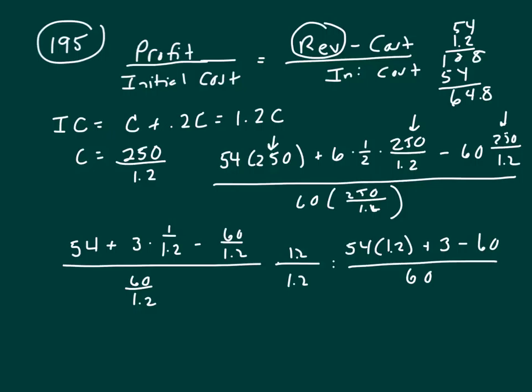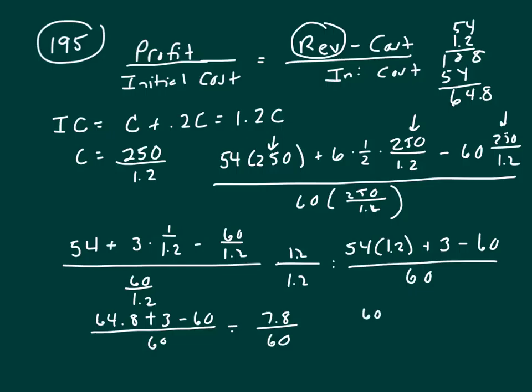So 54 times 1.2 is 64.8 plus a 3 minus a 60 over a 60. And 64.8 plus 3 would be 67.8, minus a 60 would leave me a 7.8 over 60. I quickly look at my answers, and they are in percent, so I need to do some long division.